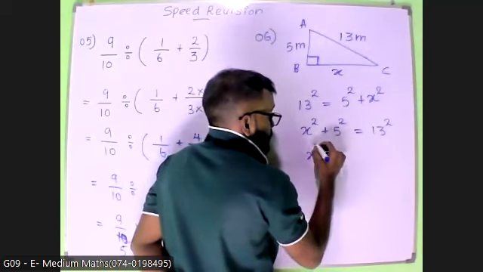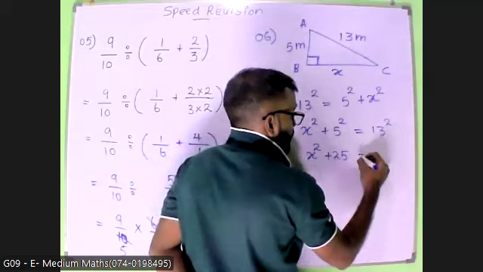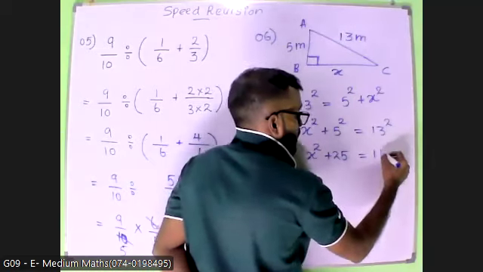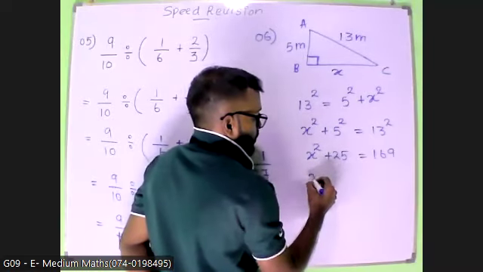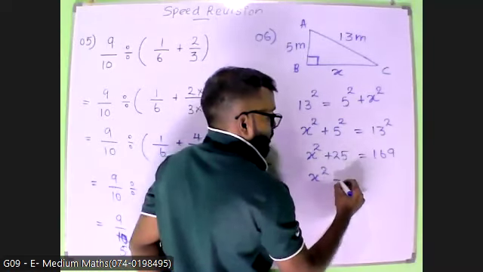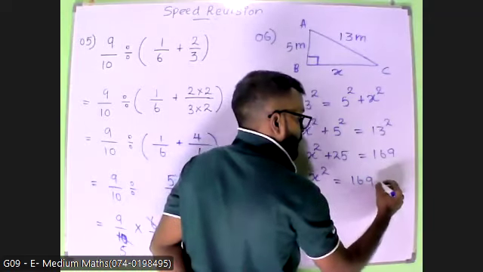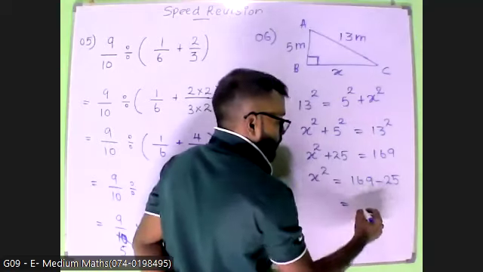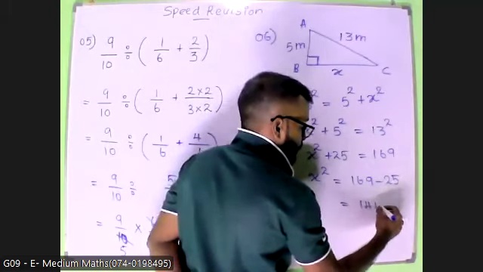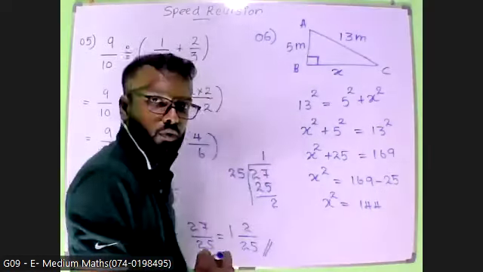So x square plus 25 equals 169. x square equals, taking 25 to this side, 169 minus 25. It will give you 144. x square equals 144.